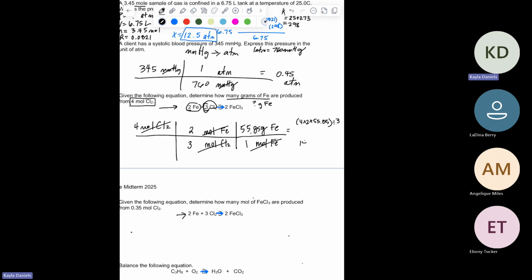All right, and so I got my final answer, 148.9 grams of iron. Any questions?